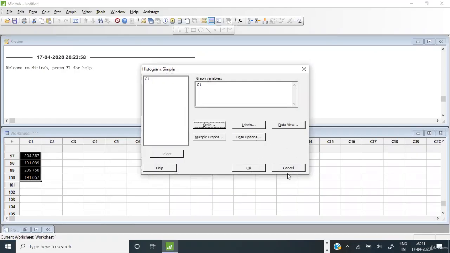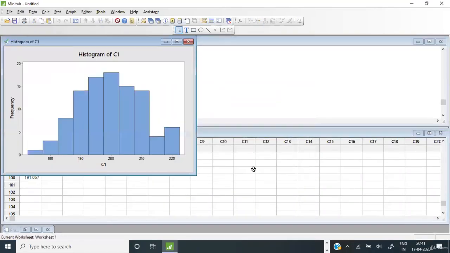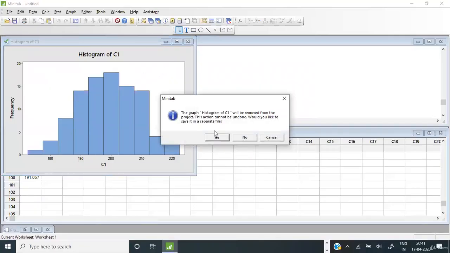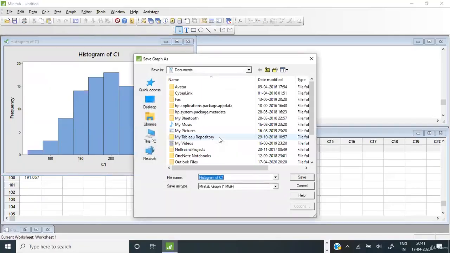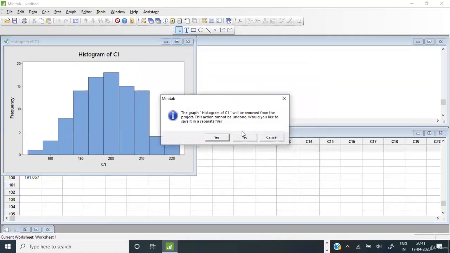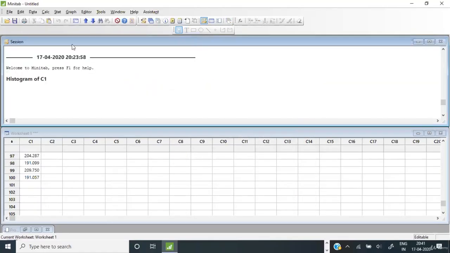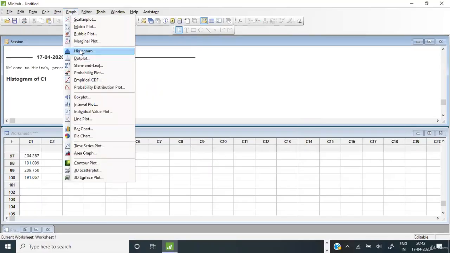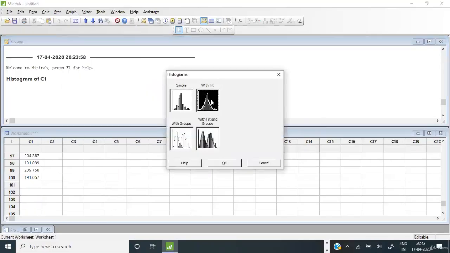Label data, that's all fine. Okay. Look at it. See here. This is the histogram. Let me regenerate the histogram. I'm regenerating the graph. I want this graph.